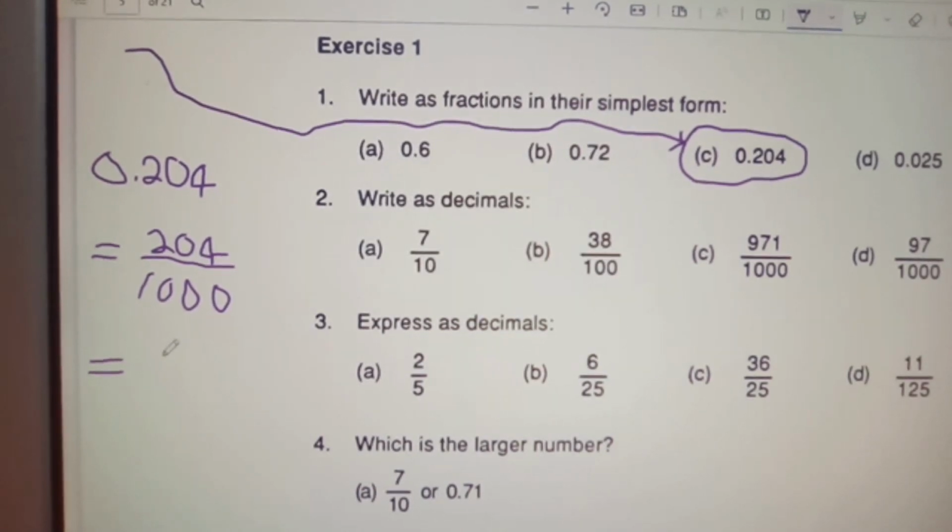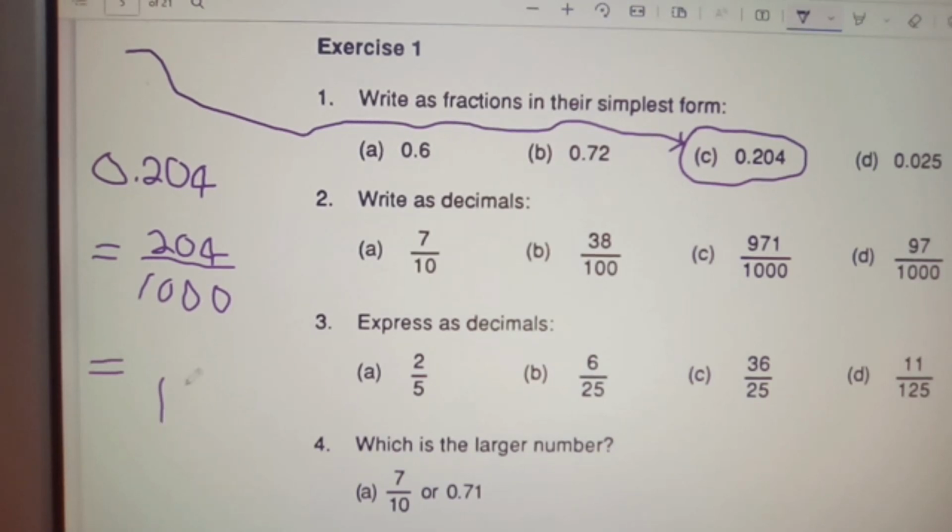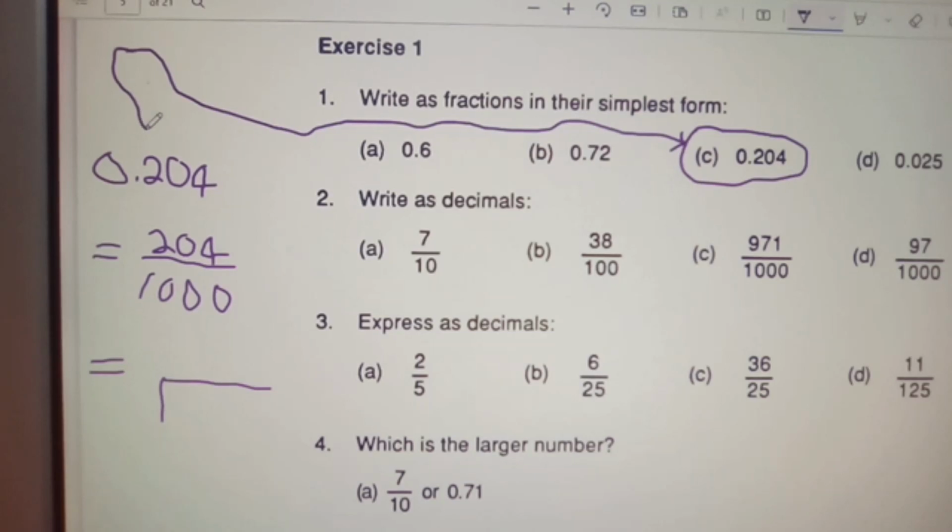And this is what we're going to do. We're going to put a bracket and let me just add him to show you that's the one we're dealing with.